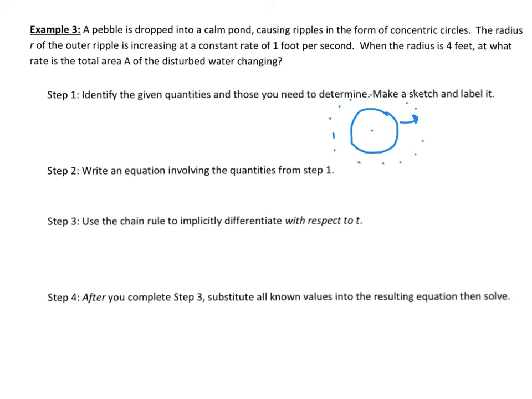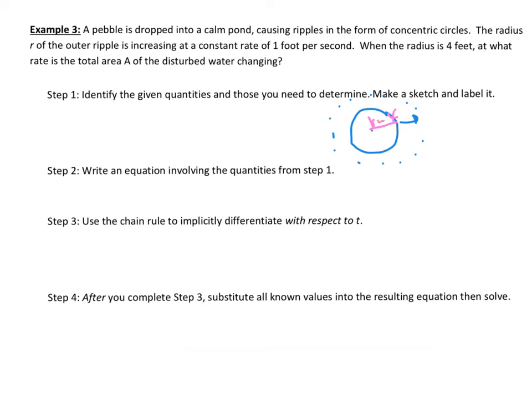As the circles get bigger, I want you to note that both the area of the circle is going to increase and also the radius is going to increase. So we're looking for the rate that the area is changing when r equals 4.